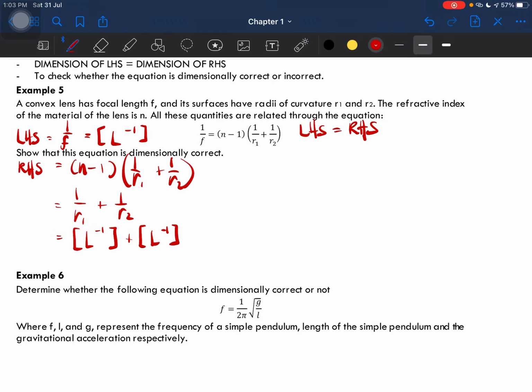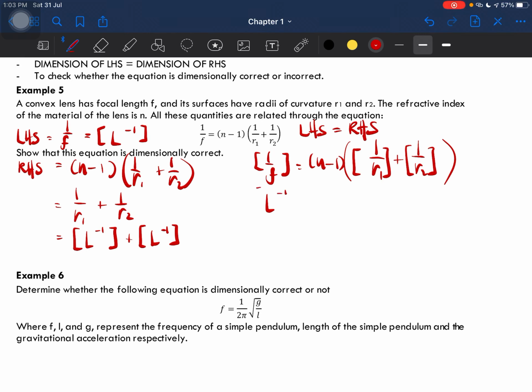Okay? So let's equate this. 1 over f equal to, oops, I forgot the n minus 1, 1 over r1 plus 1 over r2. This one has its own dimensions. So 1 over f, what did we get just now? L negative 1. And then n minus 1 is dimensionless already.